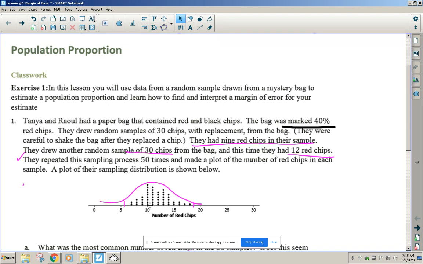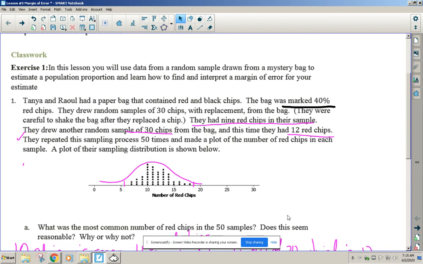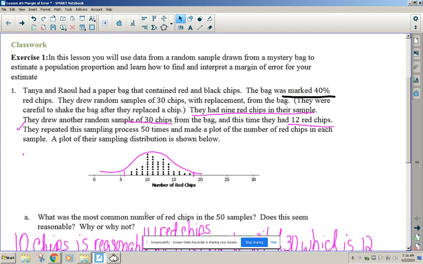It says, does this seem reasonable? Well, if they're saying in the bag that 40% of the chips are red and they were drawing 30 chips, you think about that, you get 12 out of 30 is roughly 40%.